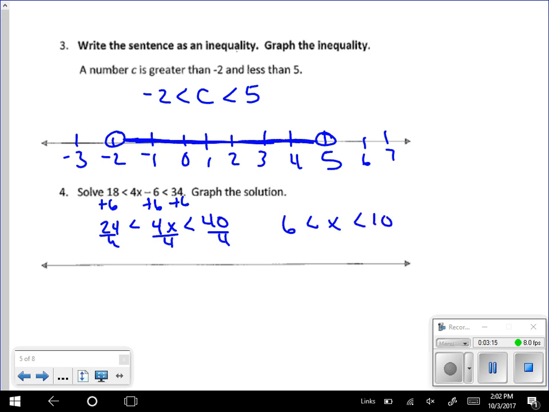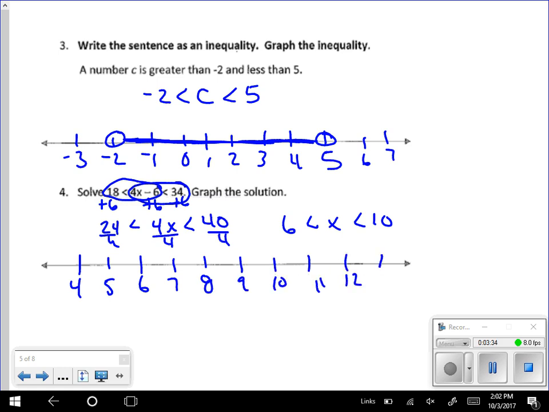Now if you just separate it into 18 is less than 4x minus 6, and then 4x minus 6 is less than 34, and you came to the same conclusion, that's fine as well. So we're going to graph this. This will also be an intersection. Open circle, shaded in between because it's greater than 6 but less than 10.